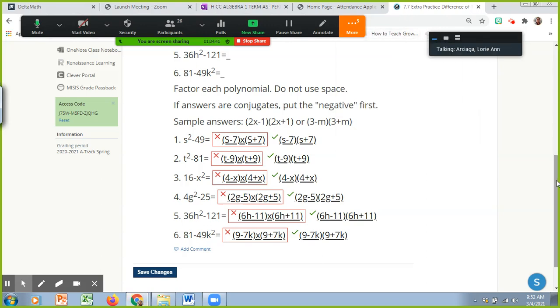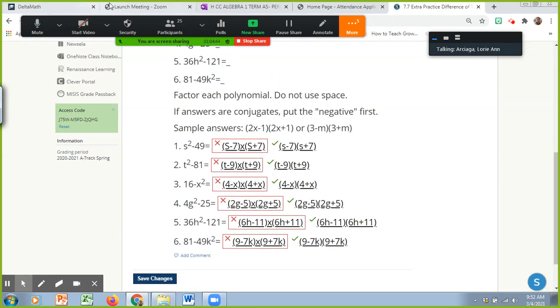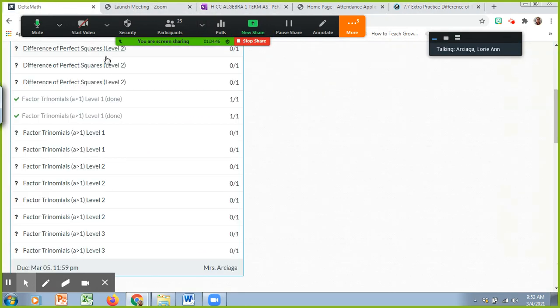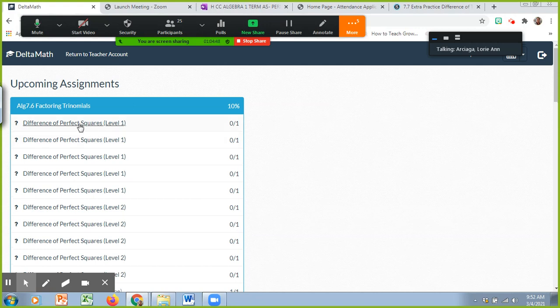Okay. So I'm going to exit from here and then let's go back to Delta Math so we can practice on the difference of two squares as well.